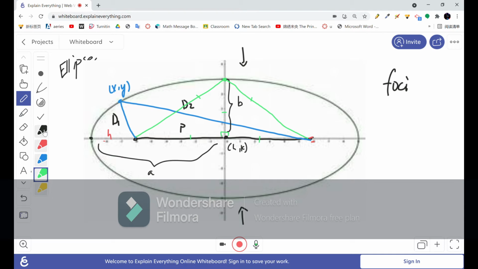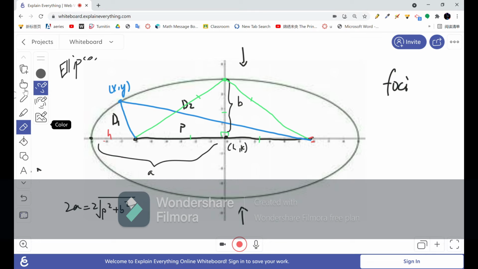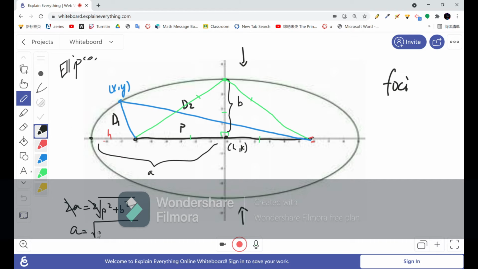Now we can set up an equation: 2a is equal to the square root of p squared plus b squared, times 2, since by the Pythagorean theorem this line segment has length the square root of p squared plus b squared. We can cancel the 2s out, then we get a is equal to the square root of p squared plus b squared.